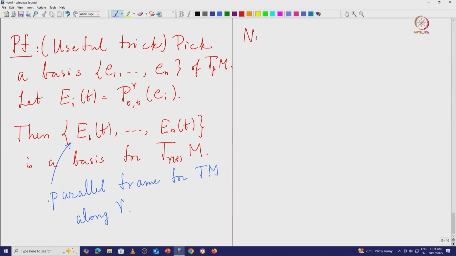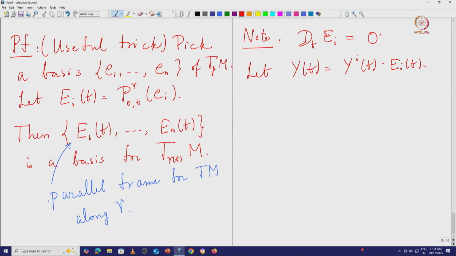So note by definition that each of the E_i's is basically a parallel vector field along gamma. So now we simply let Y of t be some y_i of t times e_i of t. Because the e_i's form a basis, I can always express Y in terms of this basis.